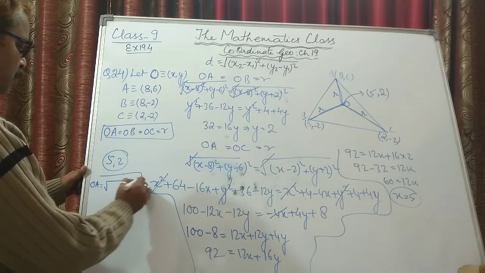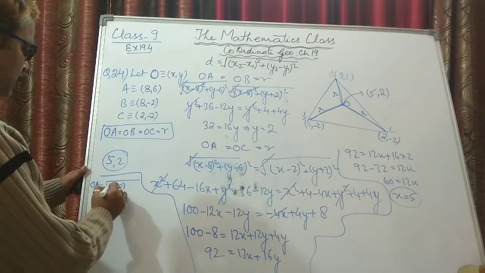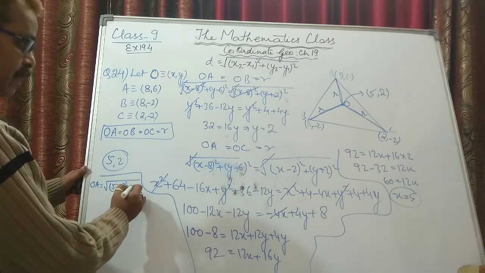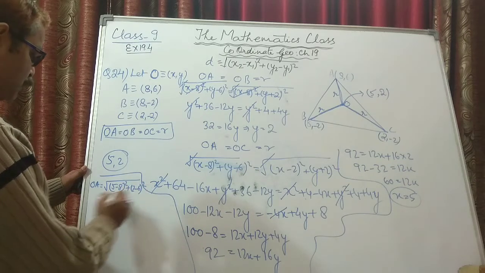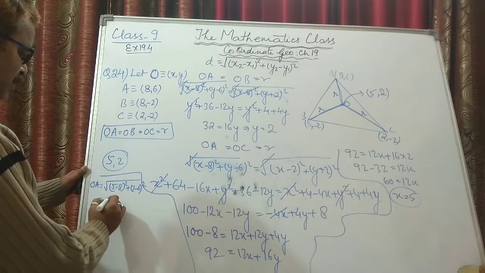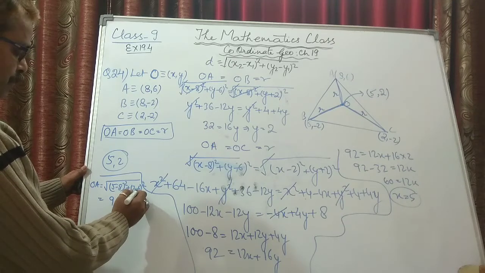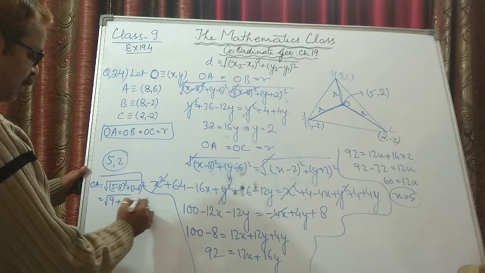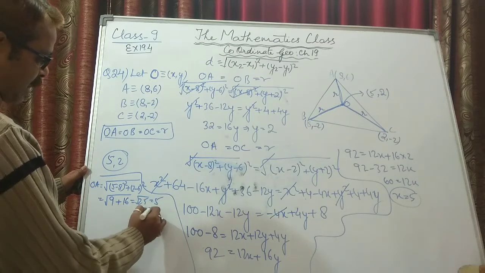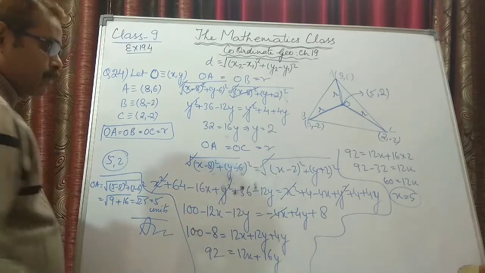OA is under root (x minus 8) whole square plus (y minus 6) whole square, where x is 5 and y is 2. So 5 minus 8 is minus 3, square is 9, plus 2 minus 6 is minus 4, square is 16. So under root 25, and root of 25 is 5 units is the radius. That is the final value.